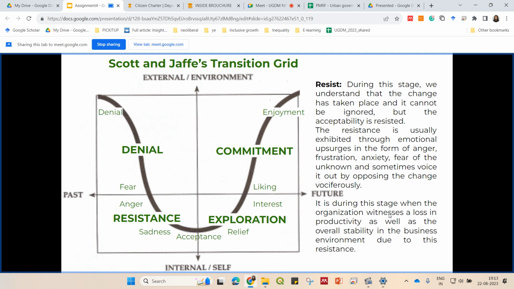You can even encourage your team members to talk with people in your team who are positive about the change. There will always be some people who would resist the change, but there are chances that your organization might have some people who are not resisting the change, but who have a positive outlook on the change or the reform which is occurring.